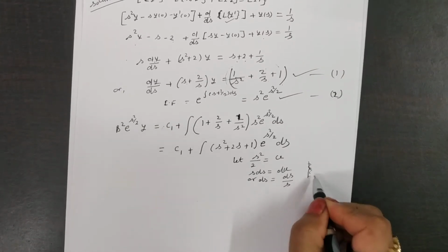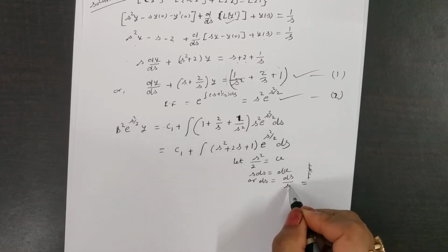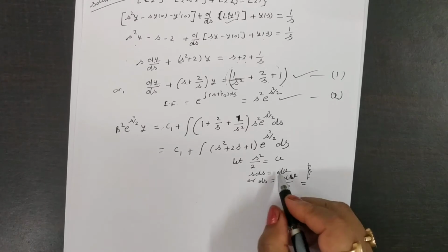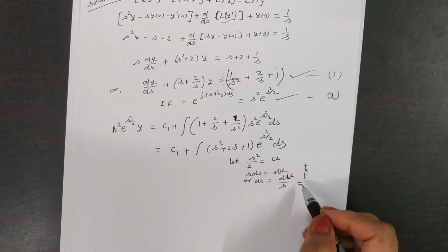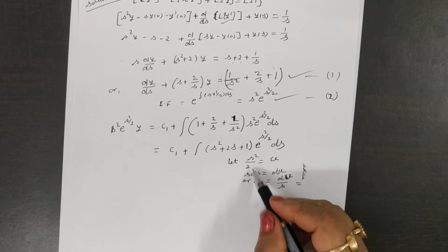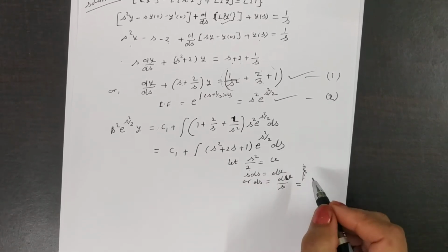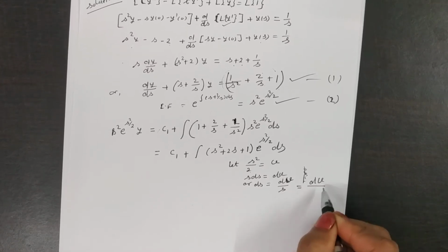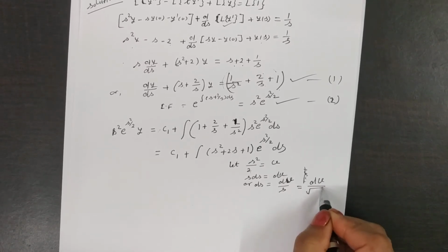Converting this in terms of v, s square is equal to 2v, so this is equal to dv by the square root of 2v.